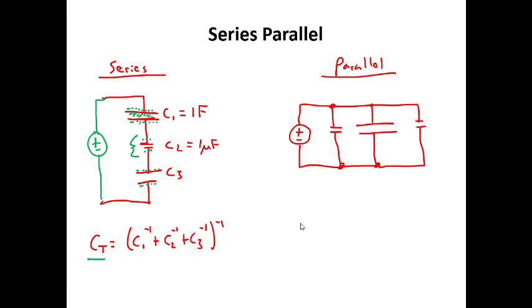So capacitors in parallel are going to add together: C1 plus C2 plus C3. If we keep adding them in parallel, we get more capacitance.